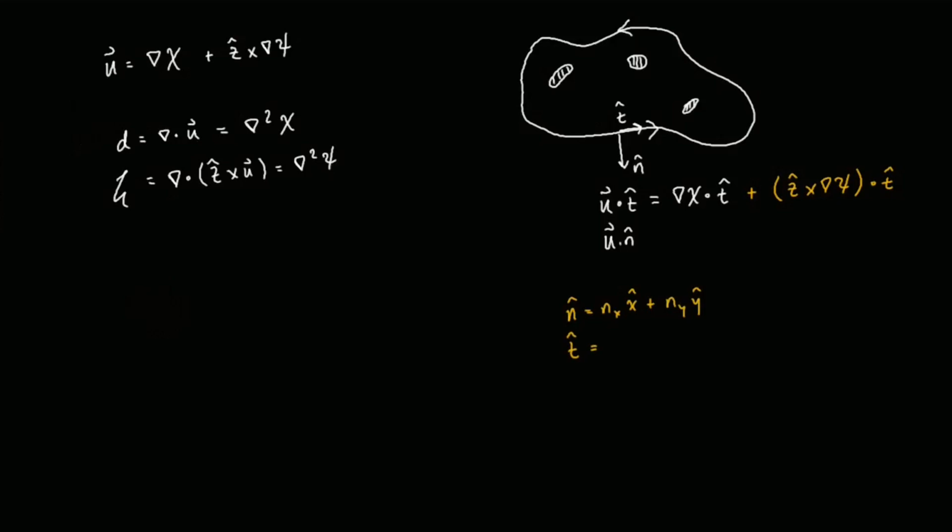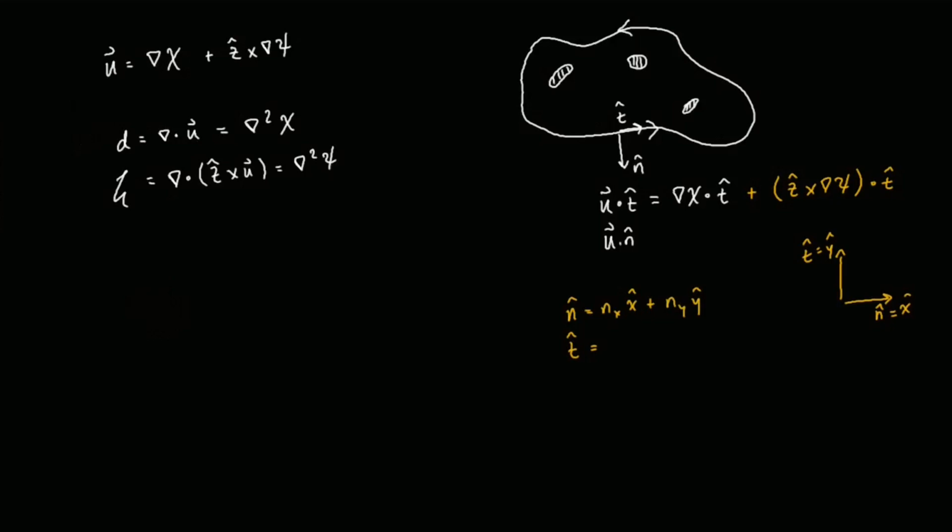is going to be, the way I like to figure this out is I know that if I'm pointing in the x hat direction, so if this is n hat here, t hat is going to be in the positive y direction.